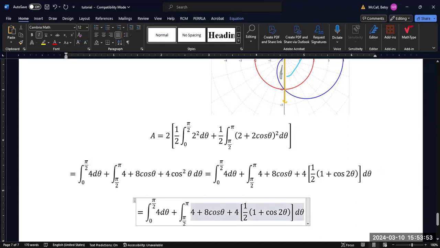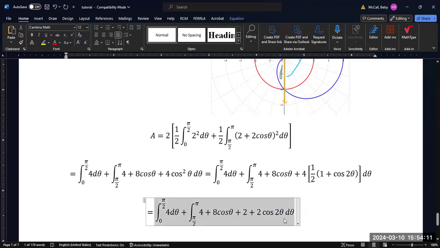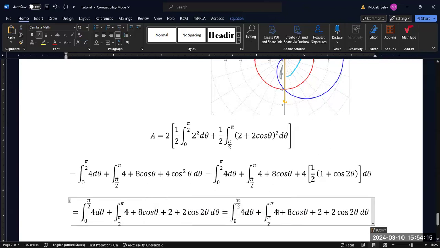So that's going to become a 2. And then we distribute the 2 through the 1 plus cosine 2 theta, and we get 2 plus 2 cosine 2 theta. And we can combine the 2 and the 4 to get 6.